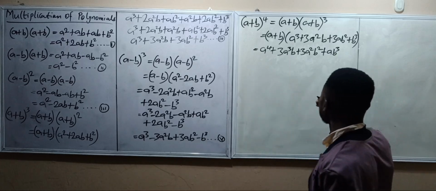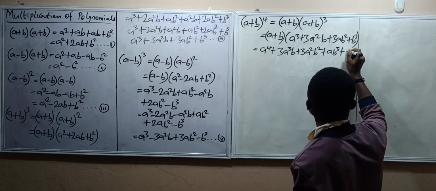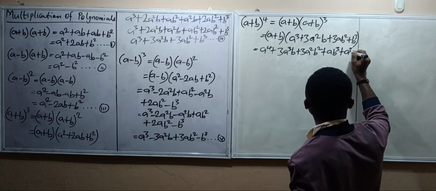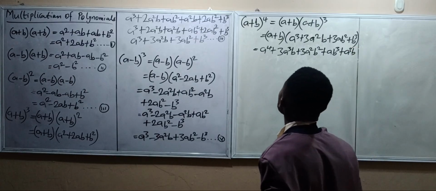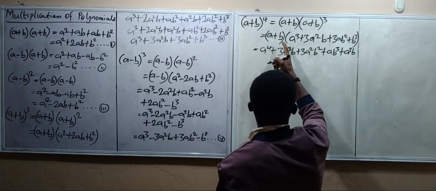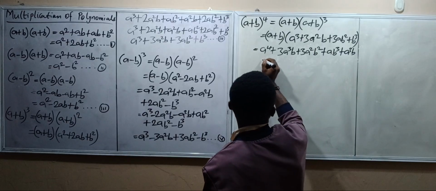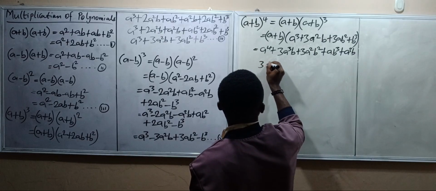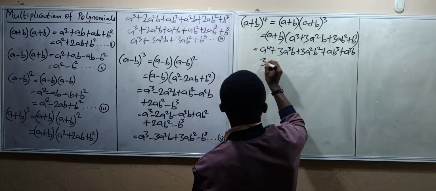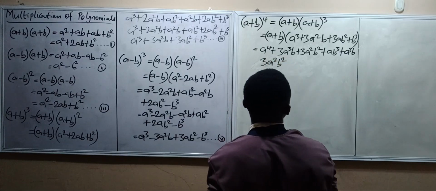Now let's go over to b. b times a³ equals plus a³b. Now b times 3a²b will give us 3a²b².